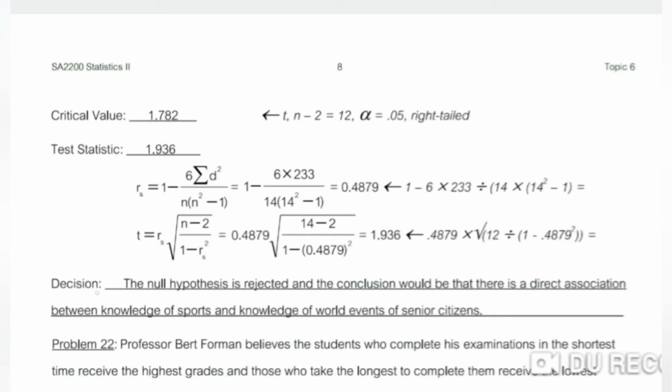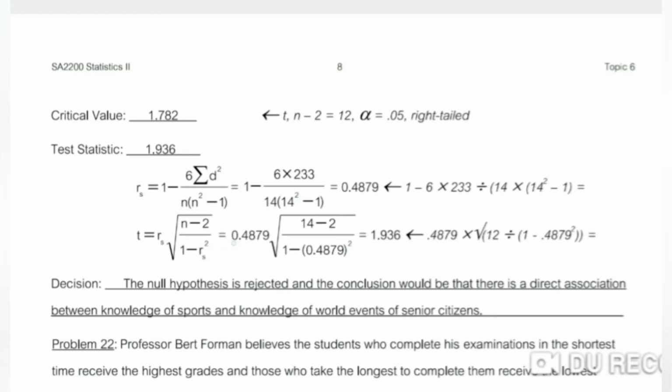After that, write down formula 6. Enter 0.4879, a 4-digit number or 6-digit number. After that, square root of 14 minus 2, over 1 minus, again, 0.4879 squared.